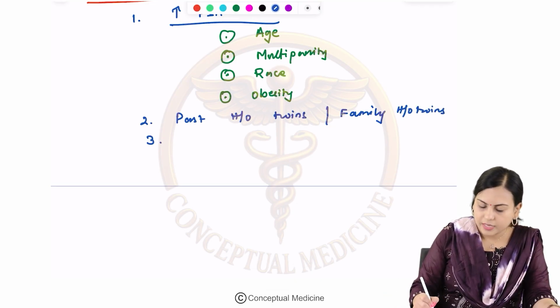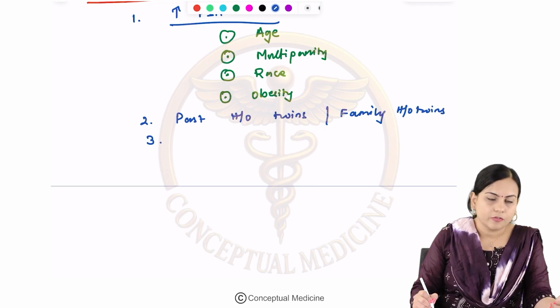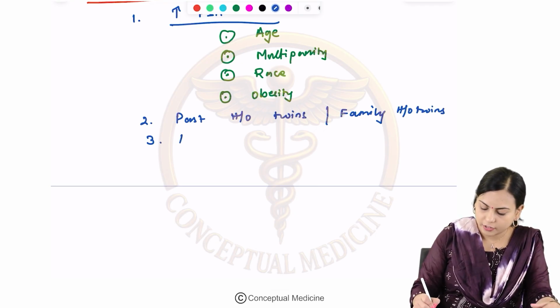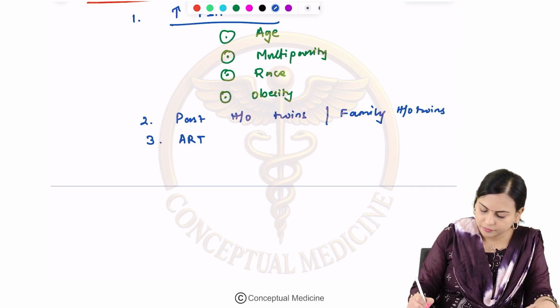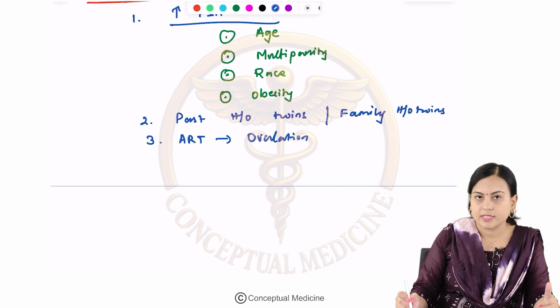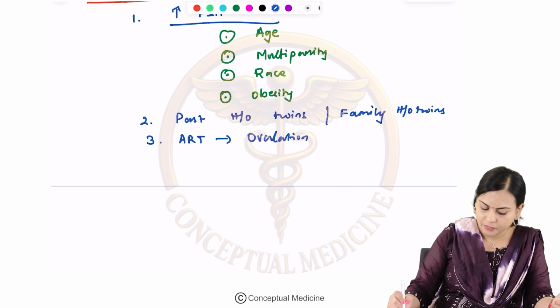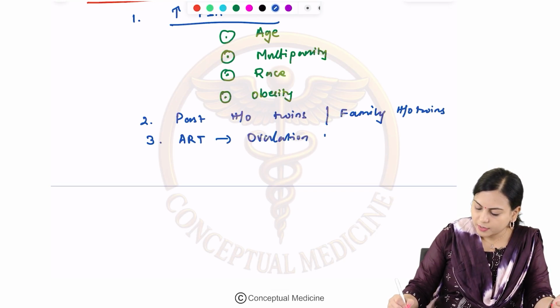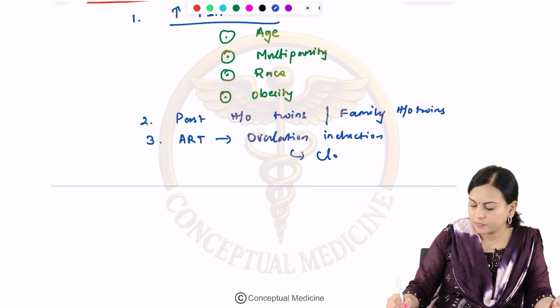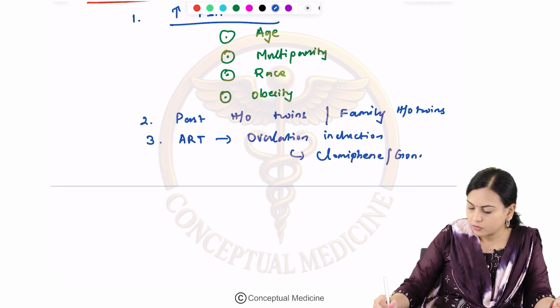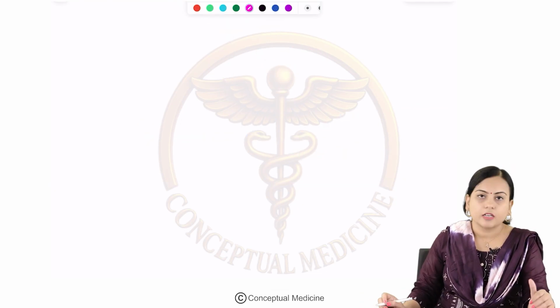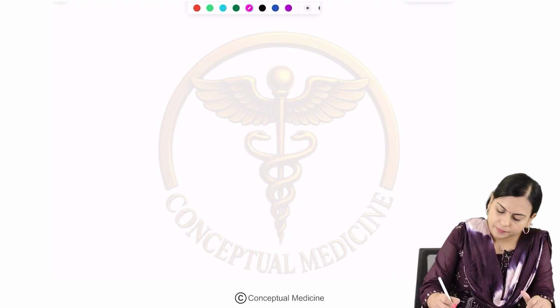And then when she has undergone treatment for infertility, that is she has taken artificial reproductive technique method, okay, and ovulation induction has been done with drugs like clomiphene citrate, okay, or gonadotropins. Clear? Now, we will start with the clinical features, okay.